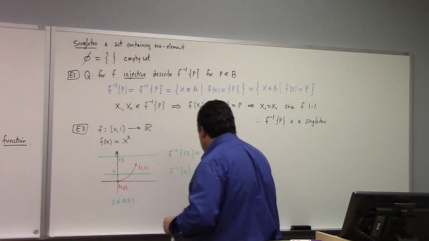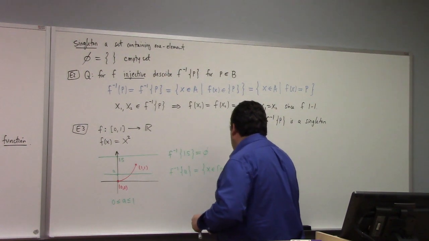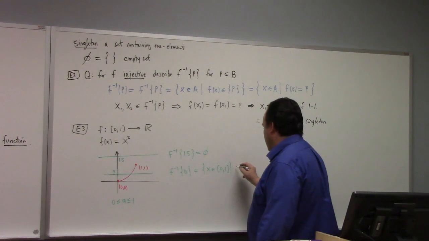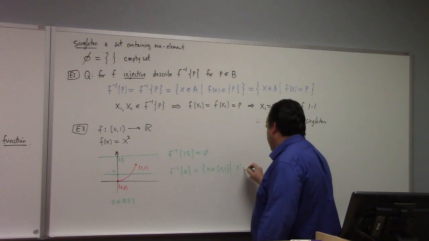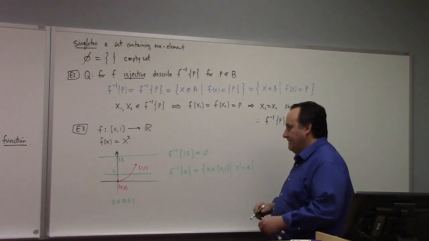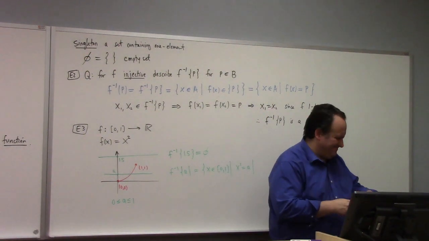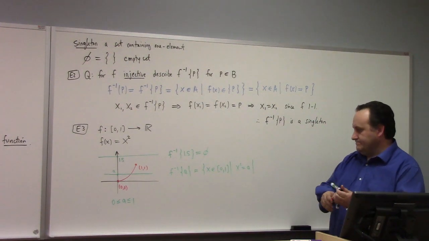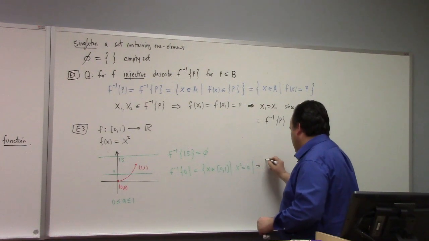Well, that is x in [0, 1] such that f of x, so x squared, equals A. That is just a singleton.